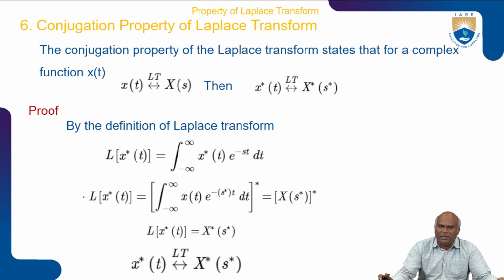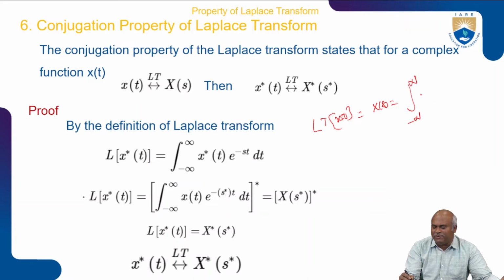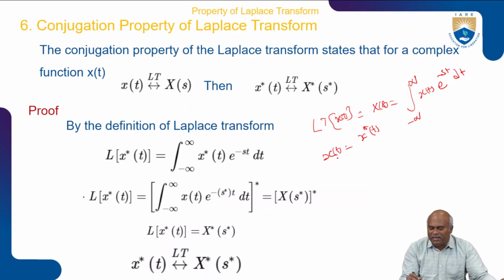As per the Laplace transform definition, the Laplace transform of x(t) is X(s), which equals the integral from minus infinity to plus infinity of x(t) e^(-st) dt. Now, instead of x(t), I apply x*(t), taking the conjugation.